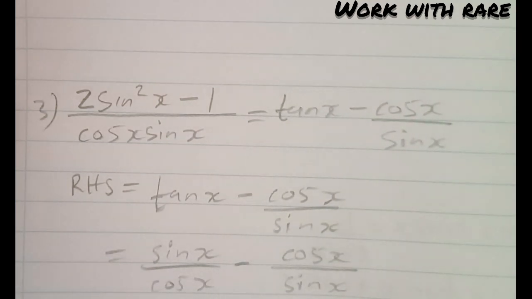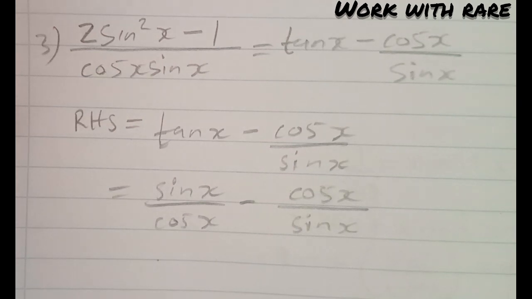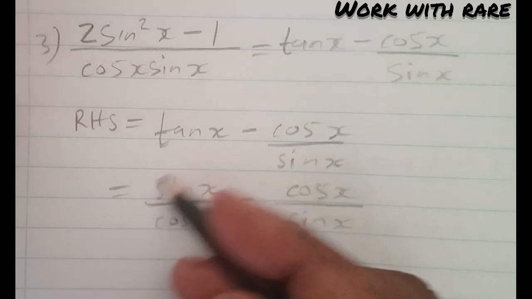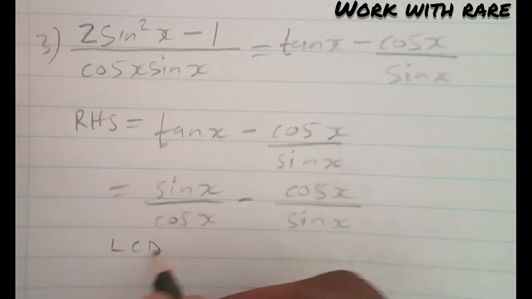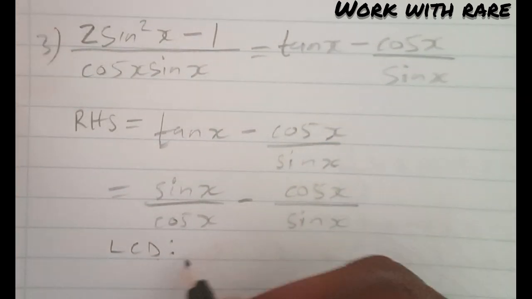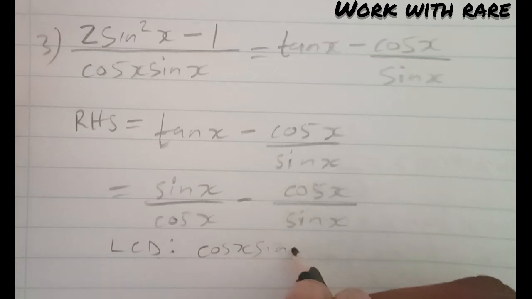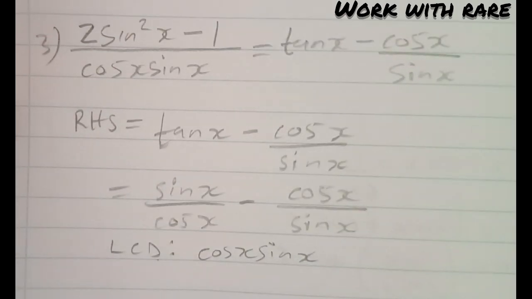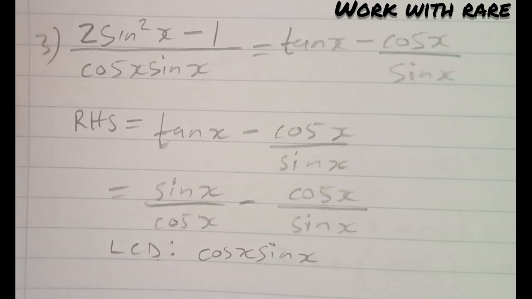You see, reciprocals are very important. They play a big part in trigonometry. Once you know them, you'll master trigonometry. So now we have a fraction and another fraction, so we'll check our LCD. Our LCD is cos x sine x, and I'm happy because our left hand side denominator is cos x sine x.